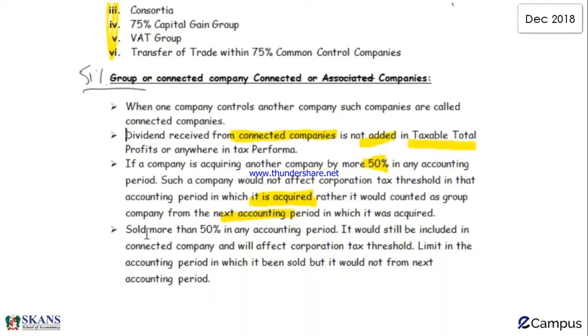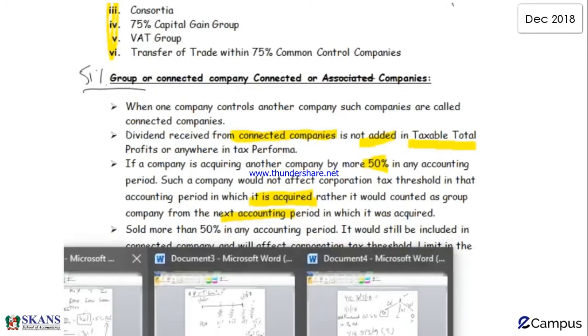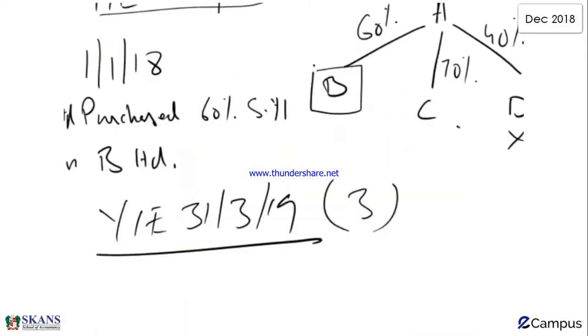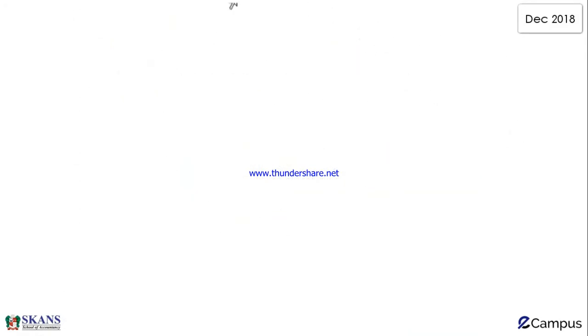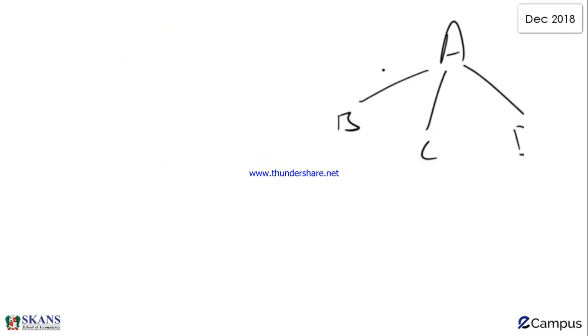All right, sold more than 50%. For that, let's have another example. For example, there's this other company, A Limited, which owns B, which owns C, and which owns shareholding in D Limited. Shareholding in B was 60, shareholding in C was 70, shareholding in D was 100.